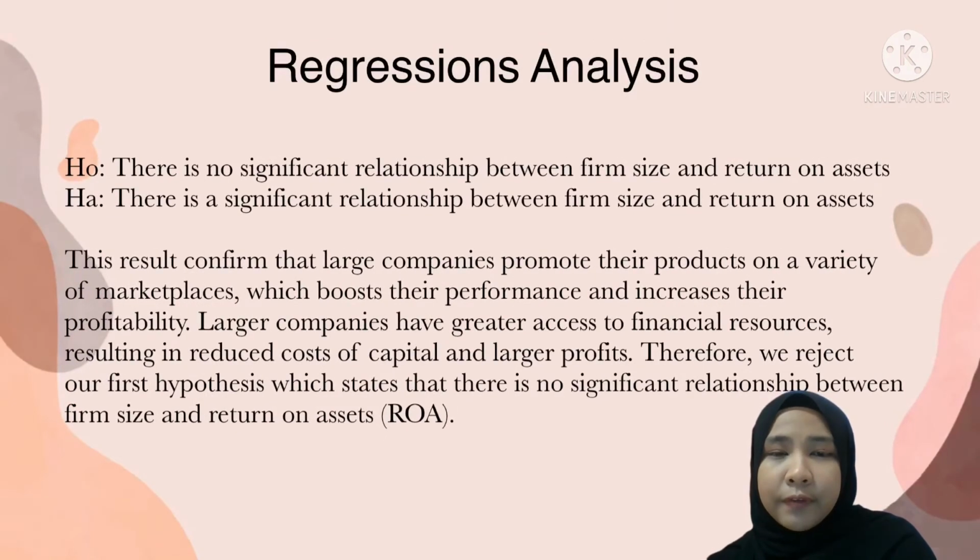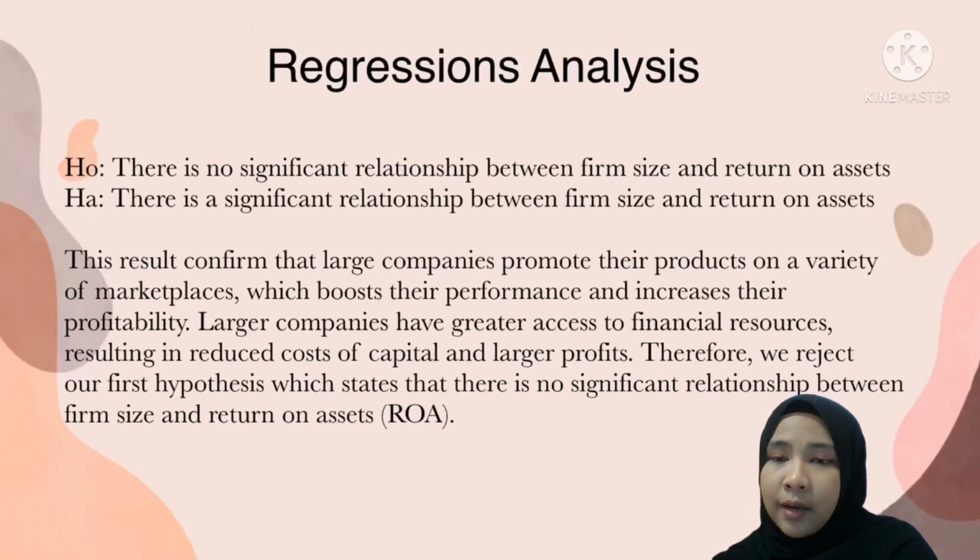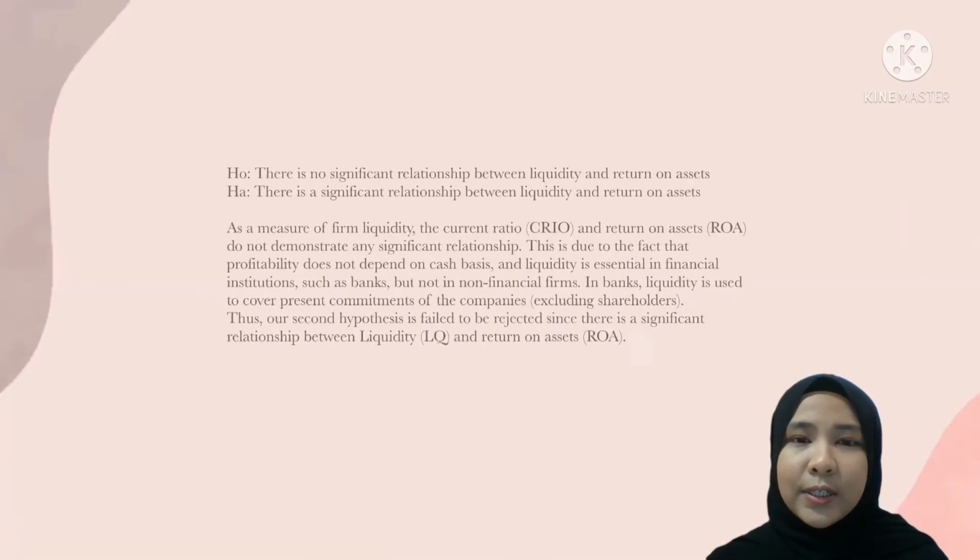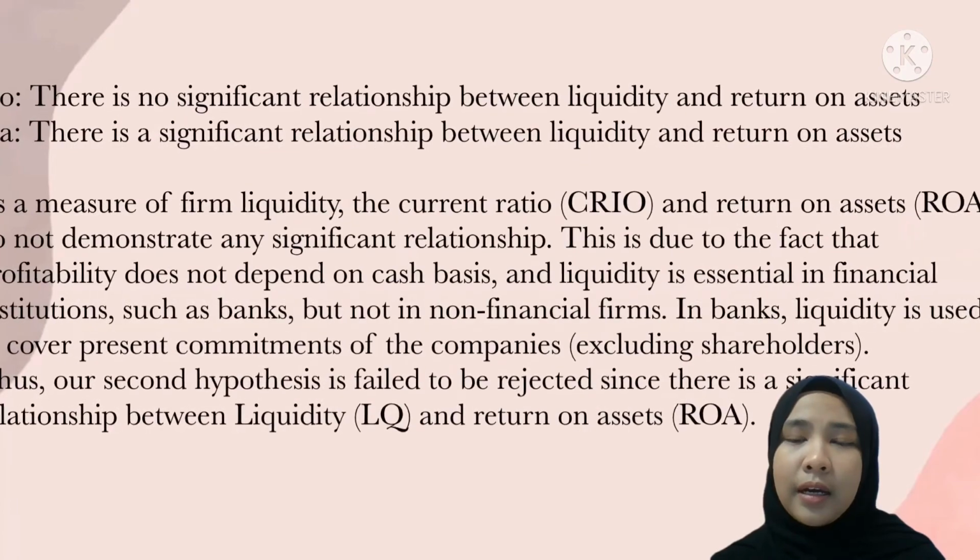For the first IV, which is firm size, this result confirmed that large companies promote their products on a variety of marketplaces, which boosts their performance and increases their profitability. Therefore, we must reject our first hypothesis that states there is no significant relationship between firm size and return on asset. The next IV is liquidity.